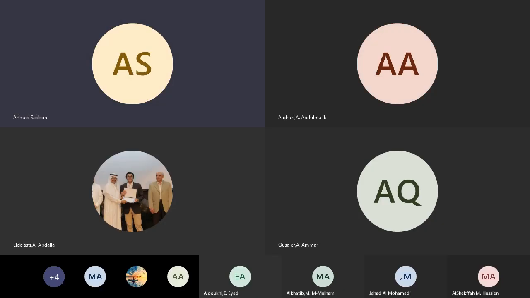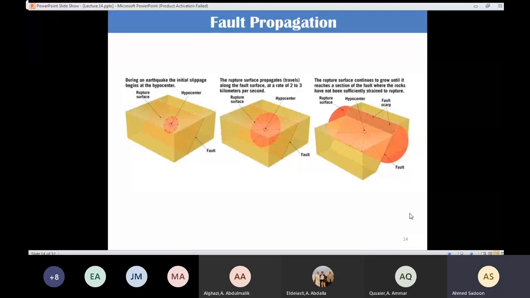Okay, let's get started. Last time we were talking about the earthquake, and we learned that the earthquake starts in the fault. If you have a fault, the earthquake is going to start in the fault, and the start point is going to be the hypocenter or the focus.